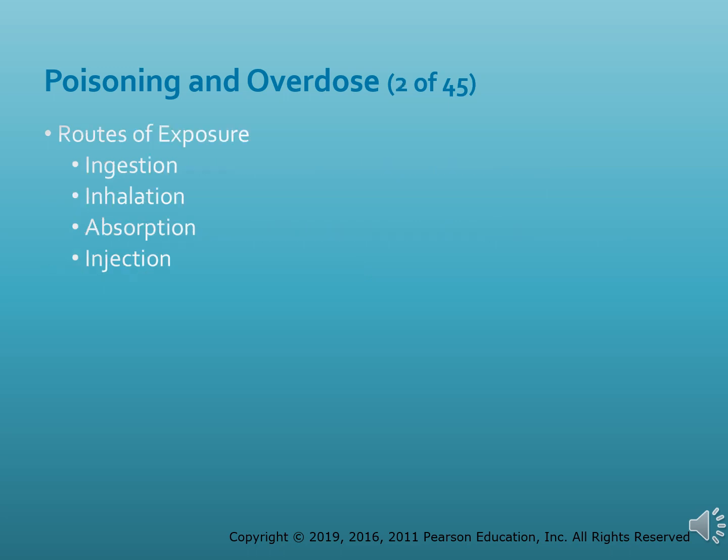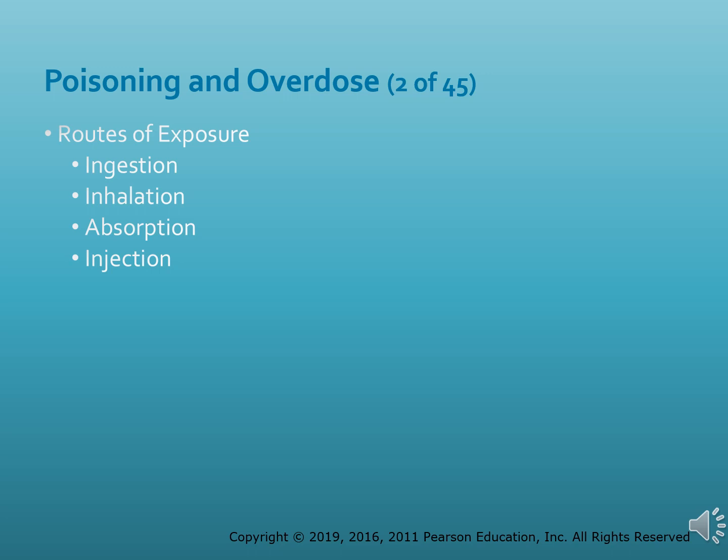Some routes for poisoning and overdoses can be ingestion, inhalation, absorption, and injection. One thing you have to think about is which route of exposure might be the most dangerous to you when you're out on the scene. Obviously, you're not going to put something in your mouth that somebody gives you, but you could inhale it. The other thing you could do is absorb it.